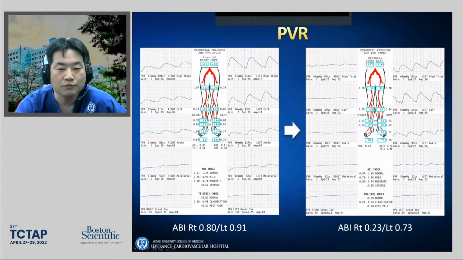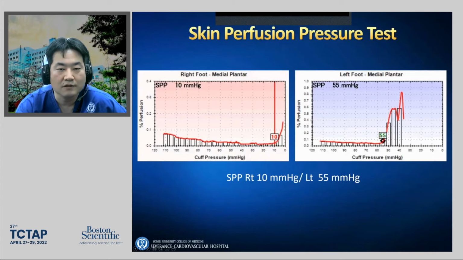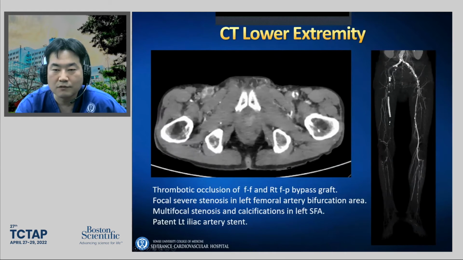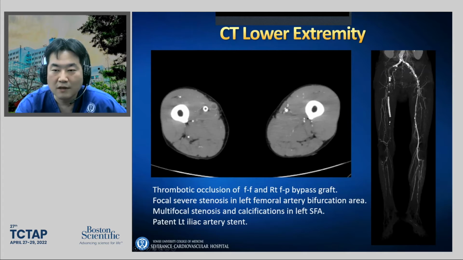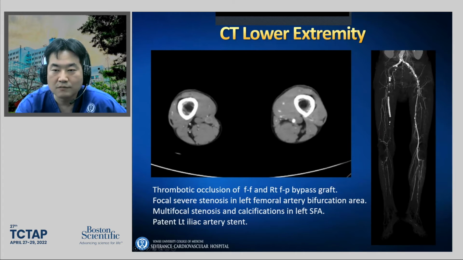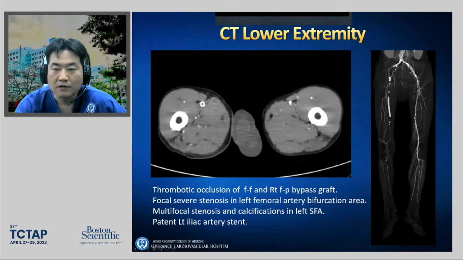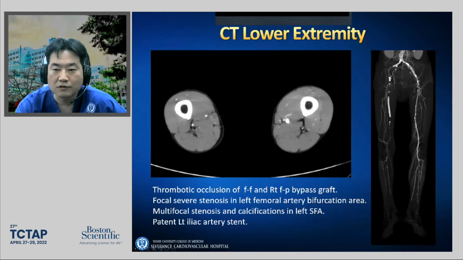And skin perfusion pressure was much decreased on the right side. And you can see that the fem-to-fem graft and fem-to-pop graft were already occluded, and the left side also had stenosis from the common femoral to the superficial femoral.